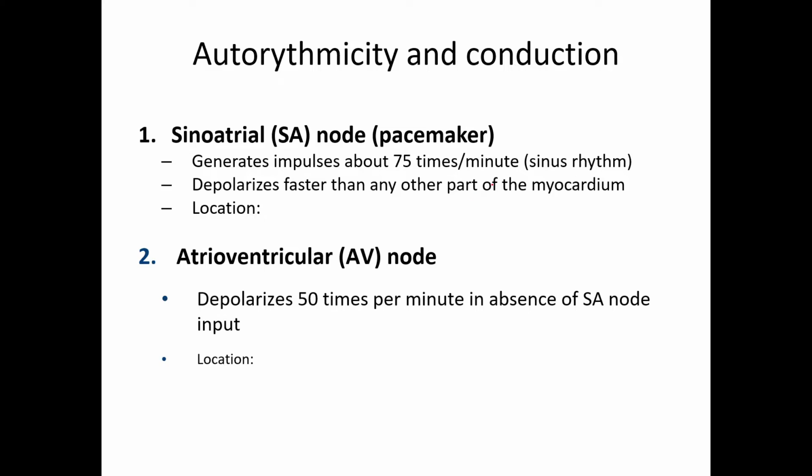Conductive system of the heart. As I told you, inside the heart, you have highly specialized tissue structures. Those structures together are called the conductive system of the heart. In the conductive system, there are two nodes, tiny round structures formed by highly specialized cells, and those are the SA node or sinoatrial node and the AV node or atrioventricular node.